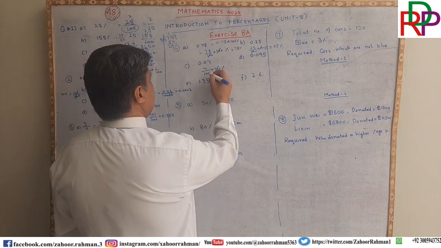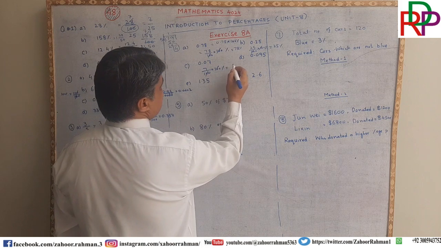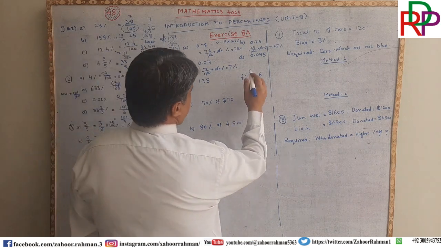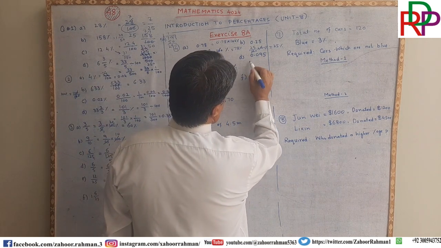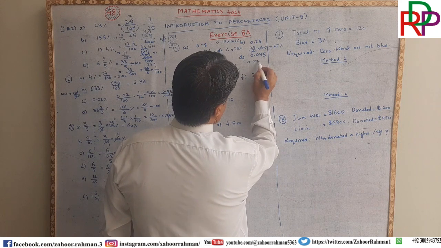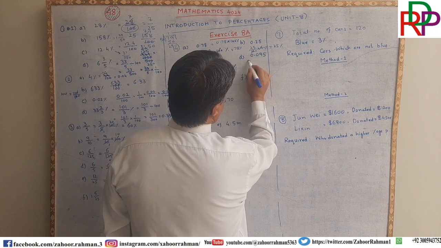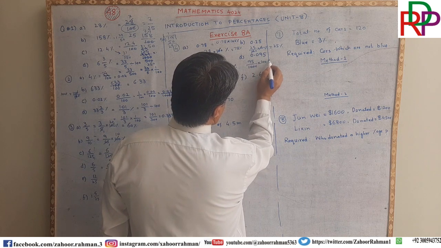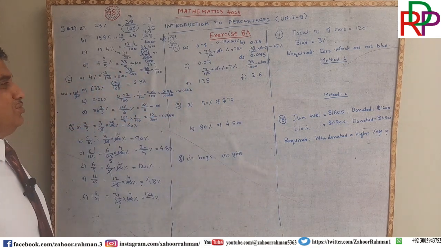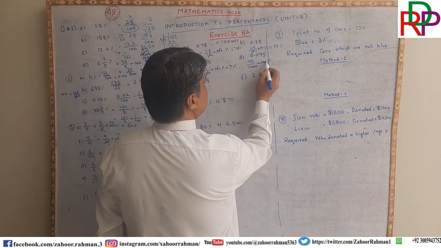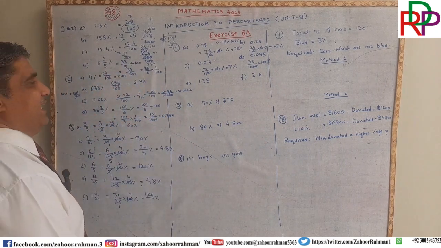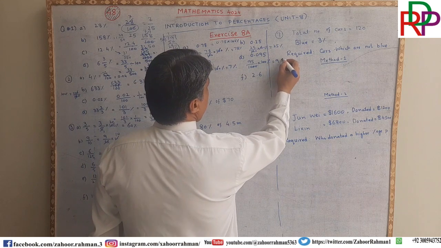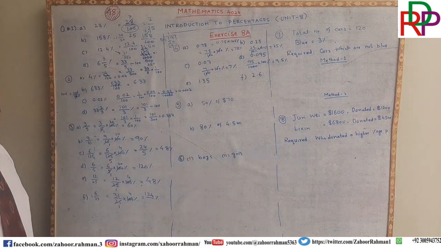So this will be cancelled with this one, and as a result we will get only 7%. And in case of D, we have to write 0.095, so we will write 95 divided by 1000 multiplied by 100%. So these two will be cancelled with this one, and this 10 when divided on this, it will give you 9.5%.